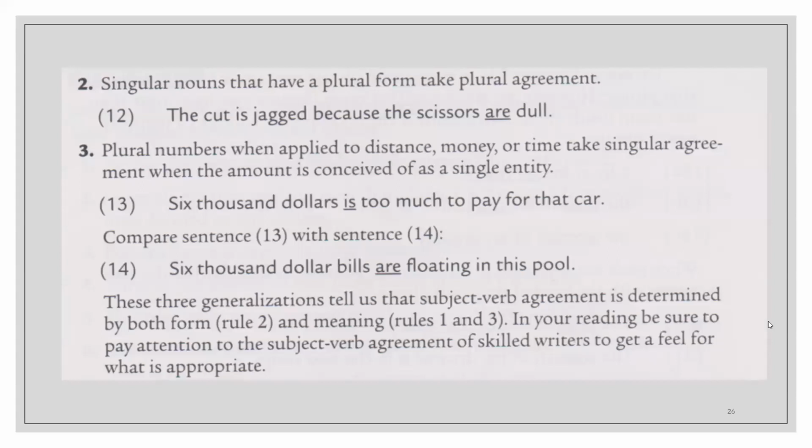In number 2, you have singular nouns that have a plural form. If the singular noun has a plural form, it will take a plural agreement. So consider the word scissors. A pair of scissors is one thing.